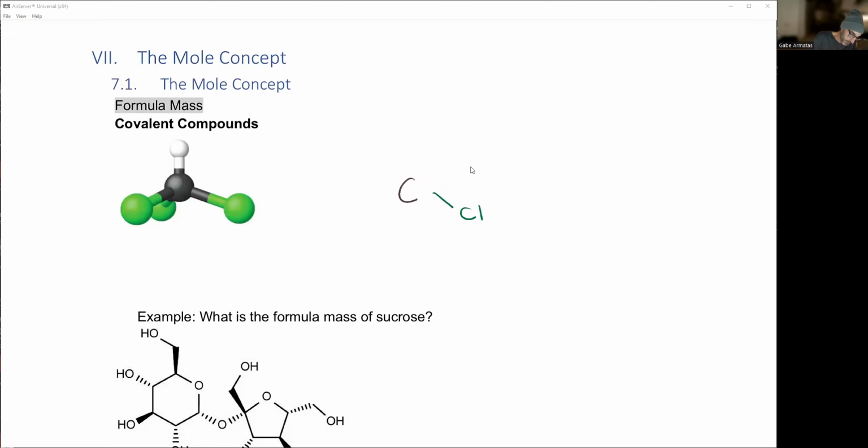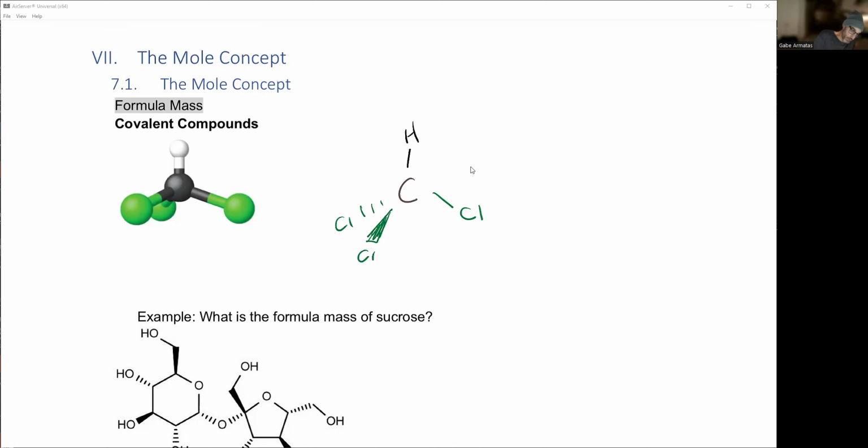I have a chlorine off to the right, a chlorine coming out, that's the green ball, and a chlorine going into the page, the one back here. And then finally, I have a hydrogen up top. So this is the compound that we have created.